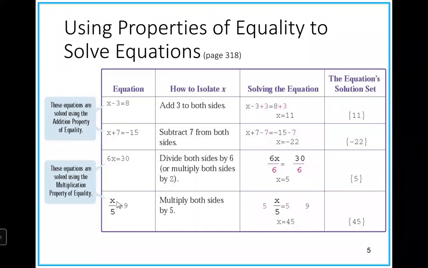And then lastly, you have a division here: x divided by 5 is equal to 9. So if you want to solve this, you can do the opposite, which is multiply. If you multiply both sides by 5, this 5 cancels that 5, you're left with x, and 5 times 9 is 45.